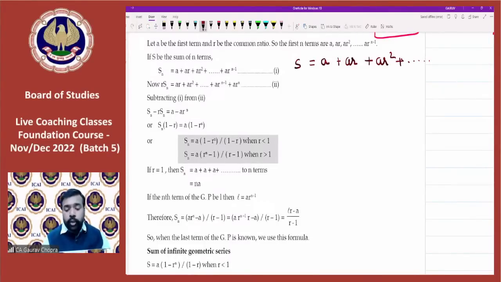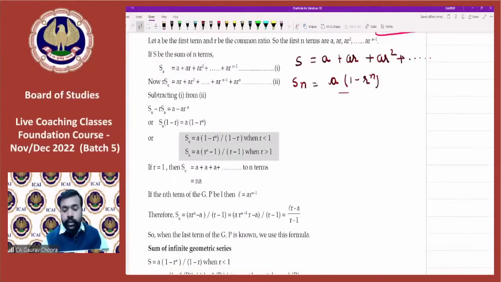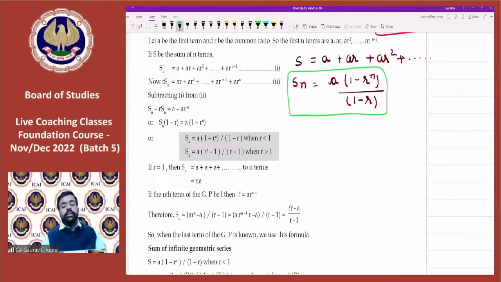What is the formula to calculate the sum of n numbers? The formula is easy. A multiplied by 1 minus r to the power of n, divided by 1 minus r.